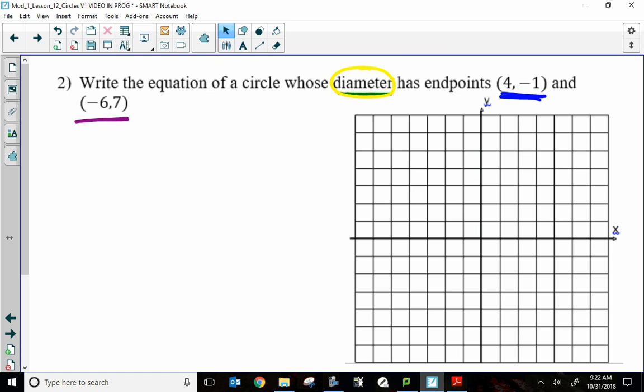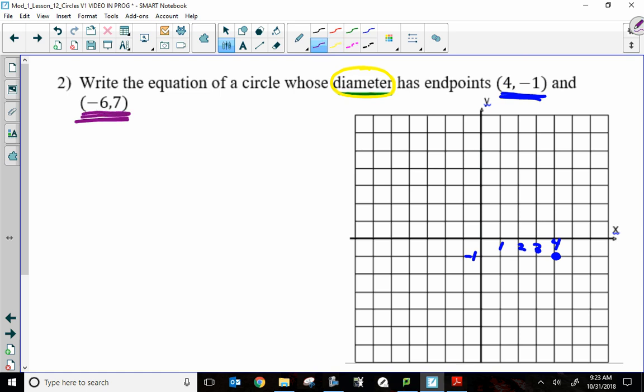So let's actually plot these points. 4, negative 1, right here. And we need to plot the point negative 6, 7.